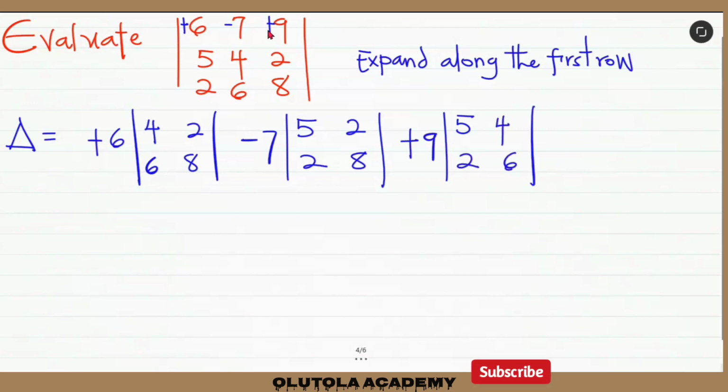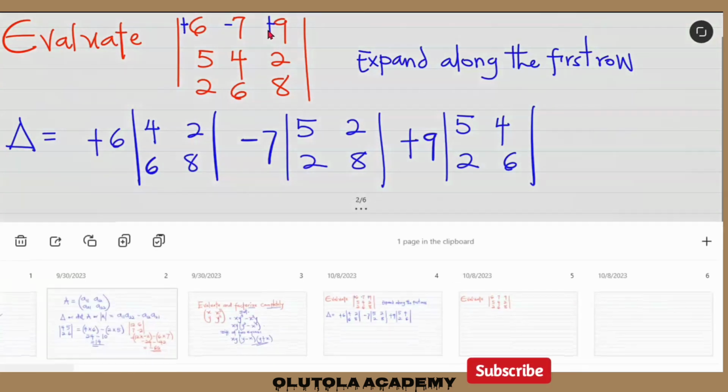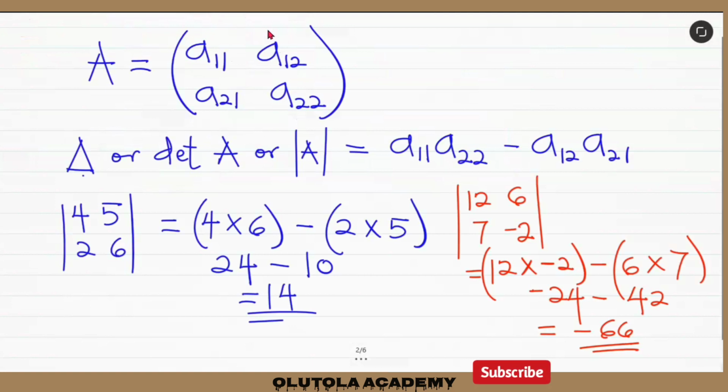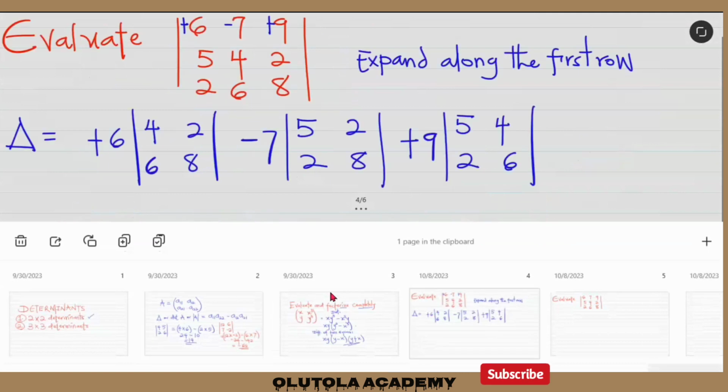I'm going to work on this as a 2x2 matrix, just the way I did it here. 4, 5, 2, 6. 4 multiplies 6, we have 24. Then 2 multiplies 5, we have 10. So that's what I did on the 2x2 matrix.